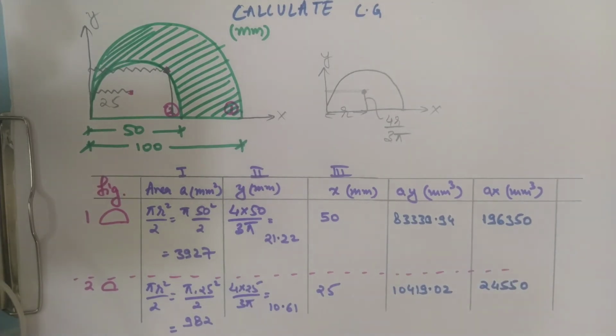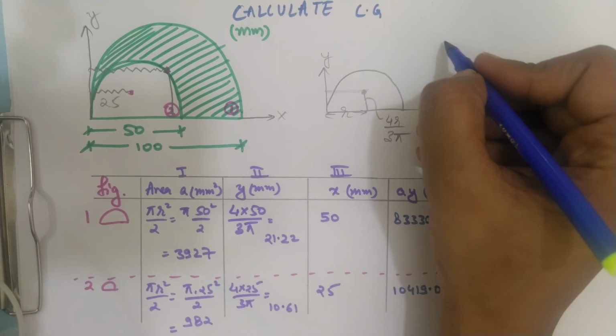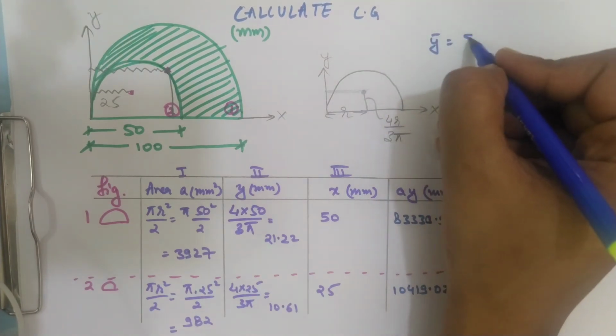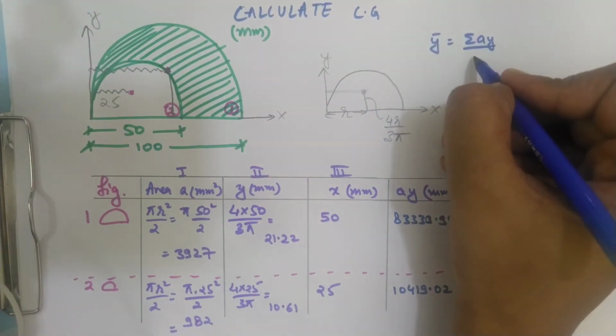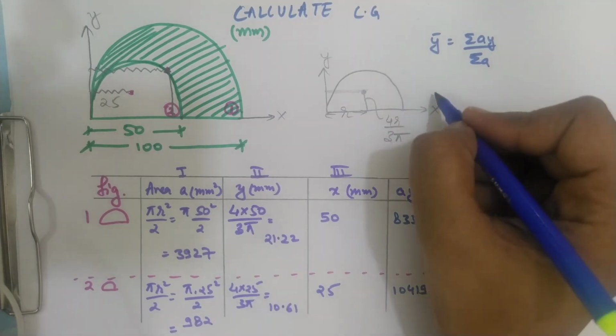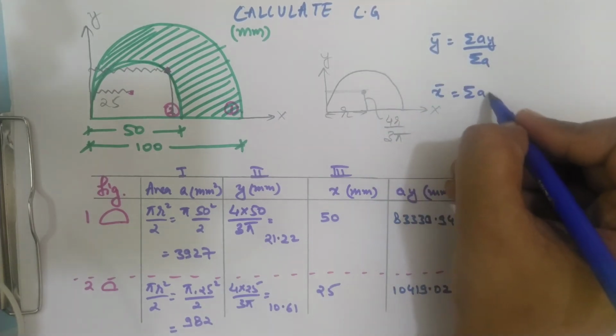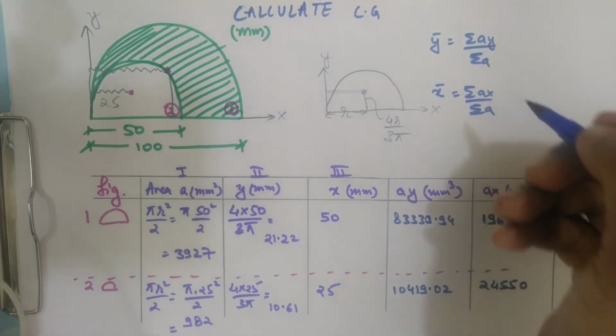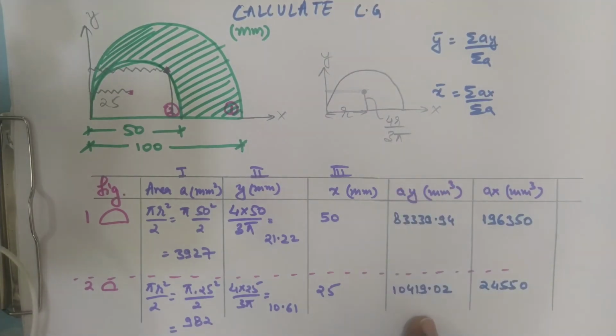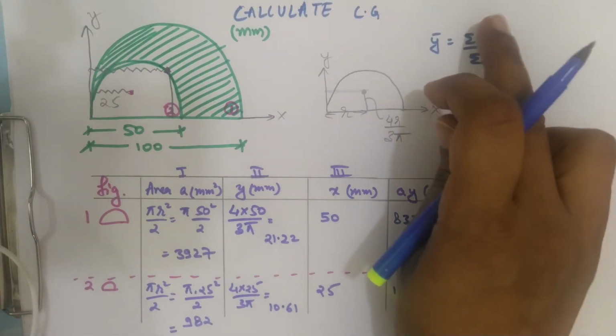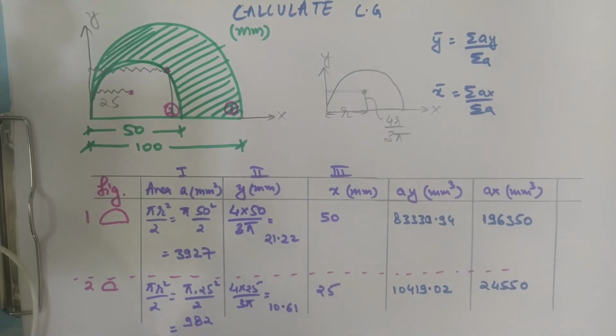Next step we have to identify y bar. So what is the formula for y bar? The y bar formula says something like this, and your x bar formula says something like this. So we have to sum up this column and write it here, and this column and write it here.